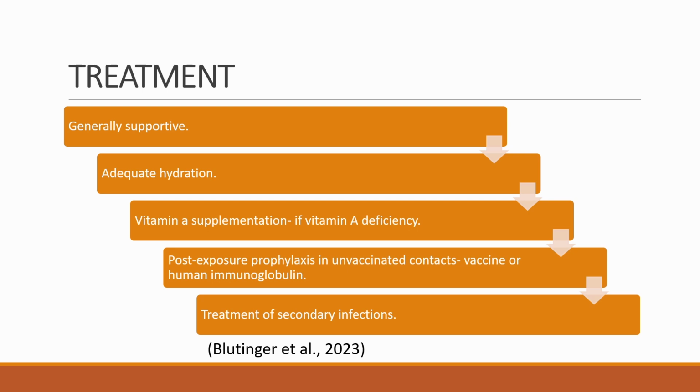Also, vitamin A supplementation is necessary, especially for those who have a deficiency, because vitamin A deficiency is associated with severe measles. Measles vaccine for post-exposure prophylaxis is usually preventive if administered within 3 days. Lifelong immunity is associated with neutralizing antibodies.